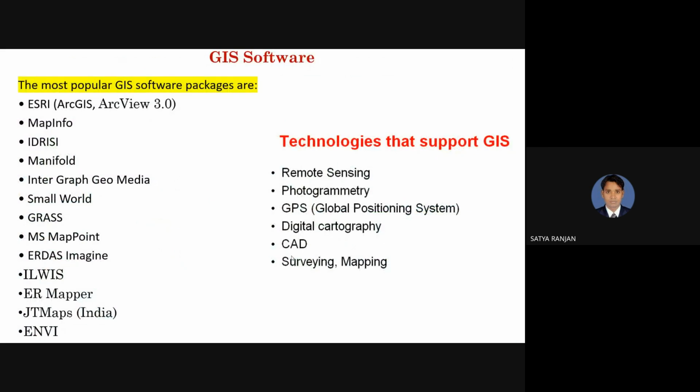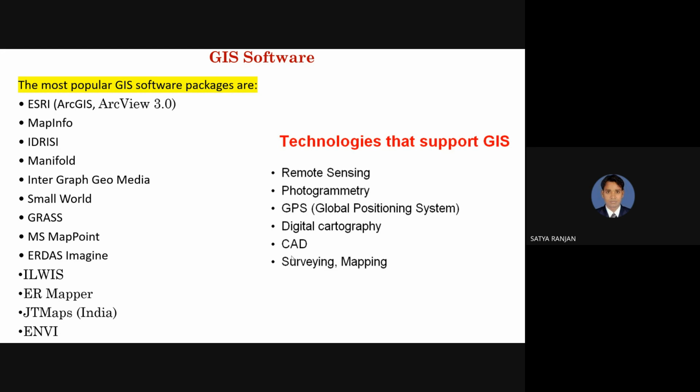Then different GIS software is now in use, like ESRI, that is Environmental Systems Research Institute, which is the full form of ESRI, ArcGIS. Different ArcGIS versions are there, and MapInfo, Manifold, Intergraph, GeoMedia, Smallworld, GRASS, MS MapPoint, ERDAS Imagine, ILWIS, and so on.